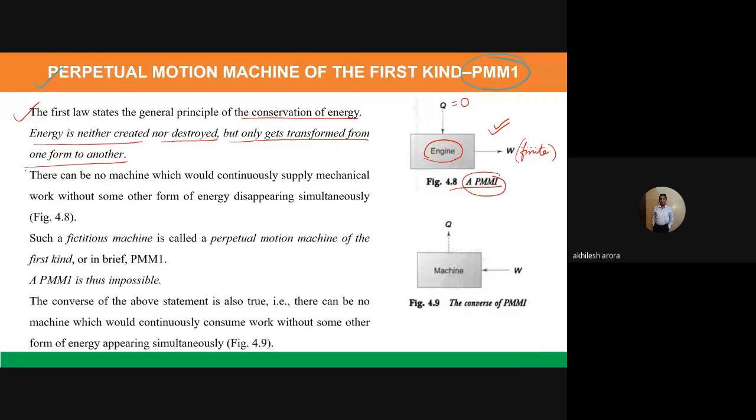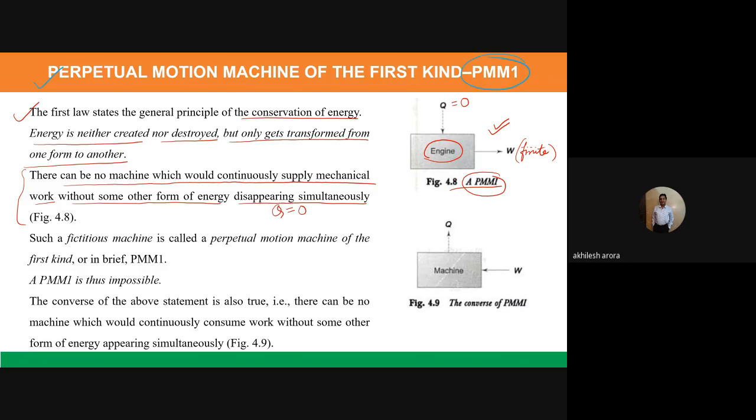So it is written here, there can be no machine which would continuously supply mechanical work without some other form of energy disappearing simultaneously. Which form of energy should simultaneously disappear? We are talking about Q, and in this particular case we have considered Q is 0. So when Q is 0, there is no question of disappearance of the heat energy.